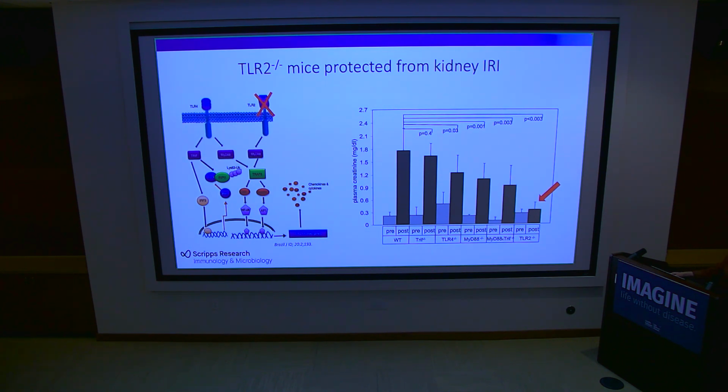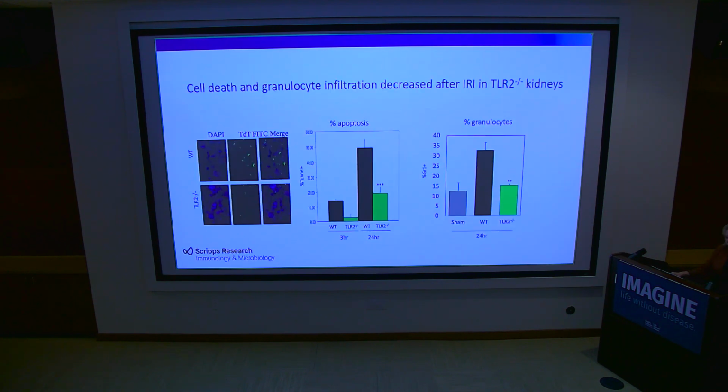This was a little surprising, because we should have had protection with blocking MyD88 and TRIF as well, which we do see some of, but more profound protection came from TLR2, suggesting that there might be an independent effect. Whether this is due to the localization of TLR2 in that region or alternative signaling pathways, we're not sure. We see less cell death and granulocyte infiltration, which is no surprise.